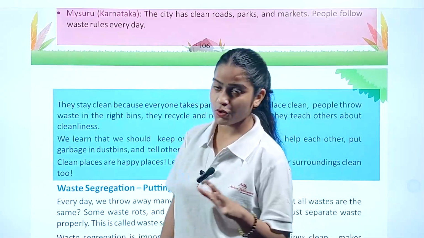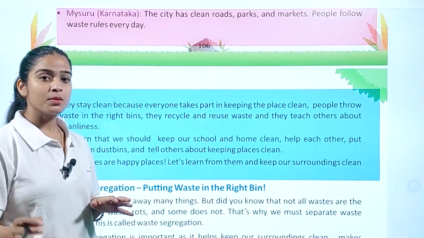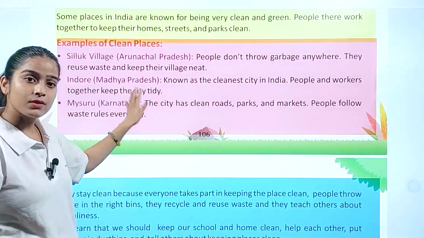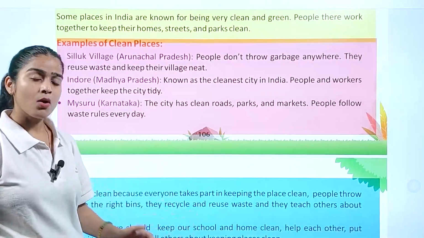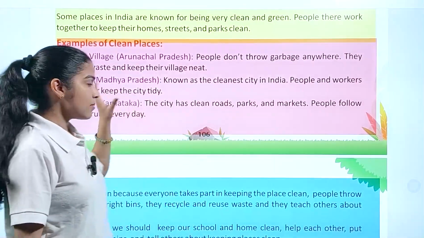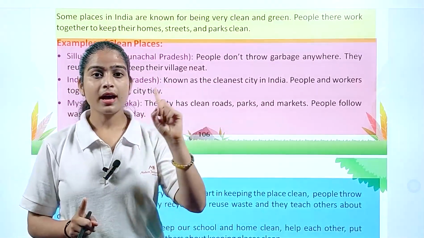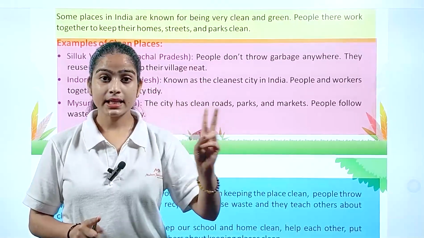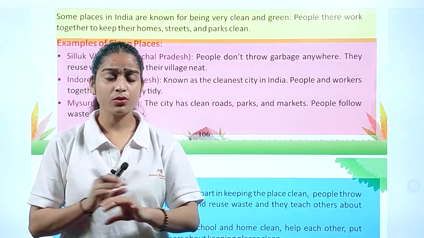So in this section, what we understand is that cleanliness is not a single person's responsibility. Each person, the workers as well as the city members, are putting their efforts towards cleanliness. The city members follow just two rules: they use the right dustbin for the right waste, and they don't throw their garbage on roads or anywhere.